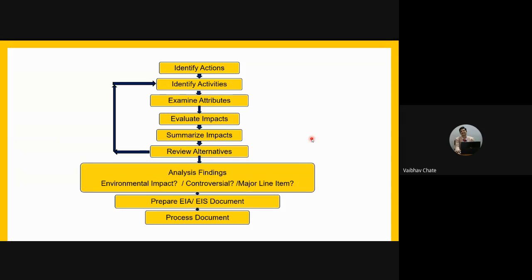If I connect the metro area with the village, either by road network or rail network, it will have a positive impact. There will be social upgradation of the village people.